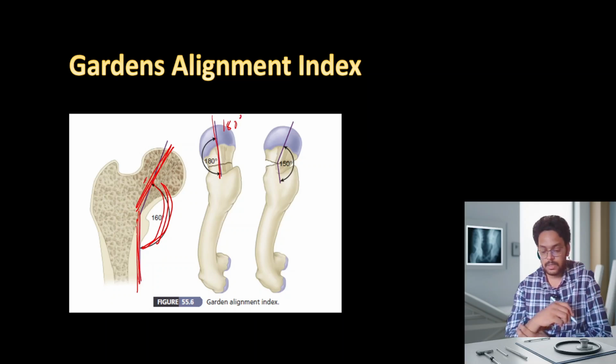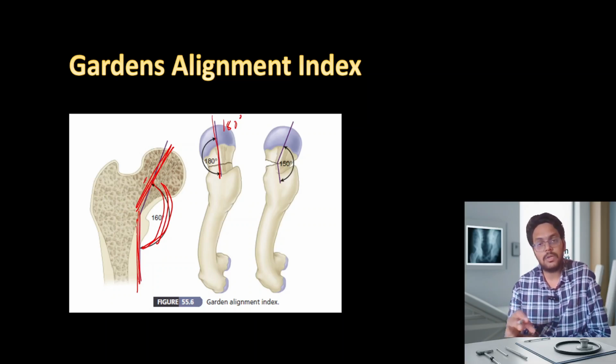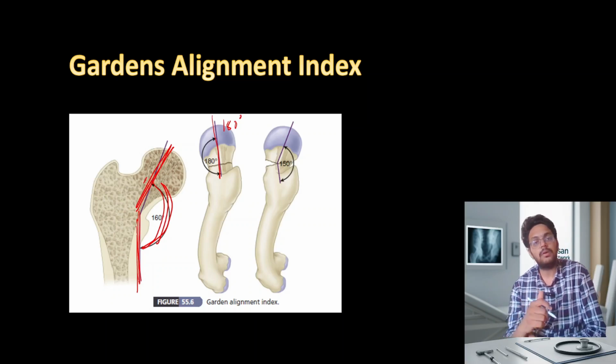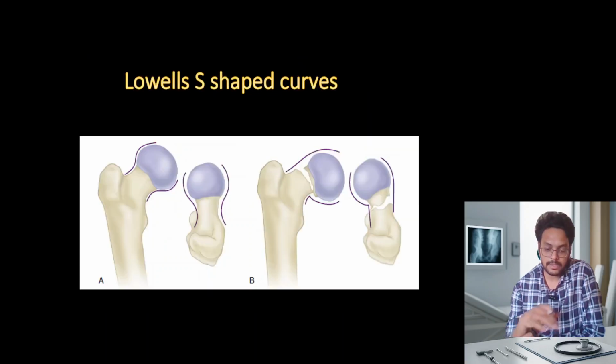If it is not 180 degrees, it's not acceptable according to Garden's alignment index. And in the AP view it should be a minimum of 160 degrees of neck shaft angle according to Garden's alignment index.